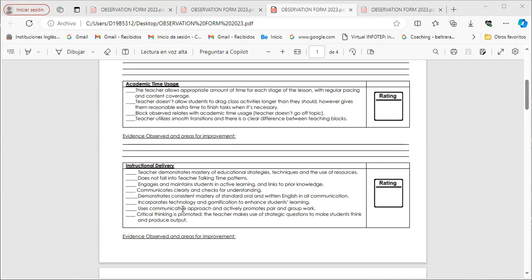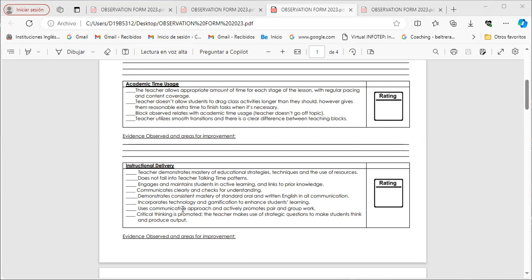If the teacher demonstrates consistent mastery of standard oral and written English in all communication. If the teacher incorporates technology and gamification to enhance students' learning. If the teacher uses communicative approach and actively promotes pair and group work. If the teacher uses critical thinking in class.